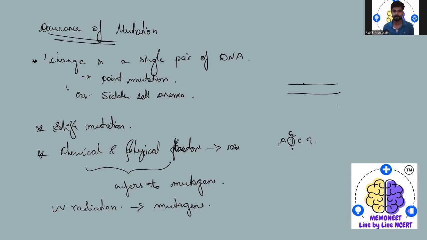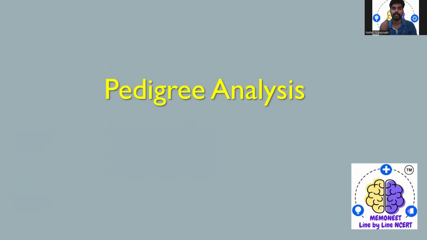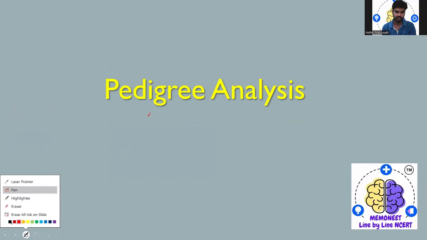Moving to the next topic. So now coming to pedigree analysis. What do you mean by pedigree analysis? Basic question. Everyone should know what exactly pedigree analysis means, right? See, when I'm talking about pedigree analysis, it is the idea that disorders have been inherited from our ancestors or from our parents.